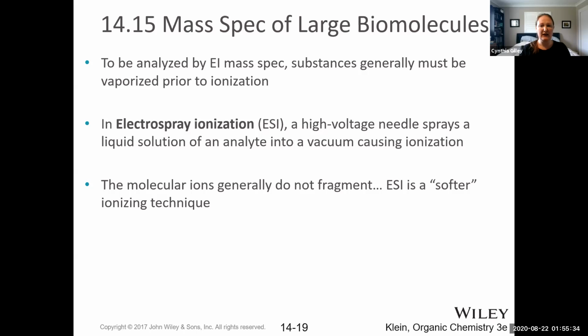In this case, it doesn't need to be in the gas phase, so it doesn't have to be heated and doesn't risk decomposing. So it's a much softer ionization technique because it isn't heated to the same extent as with EI.